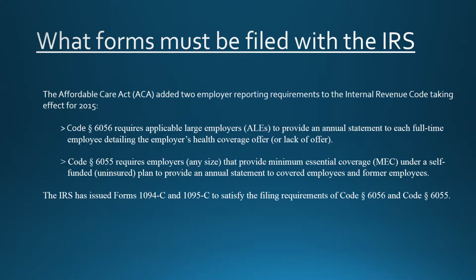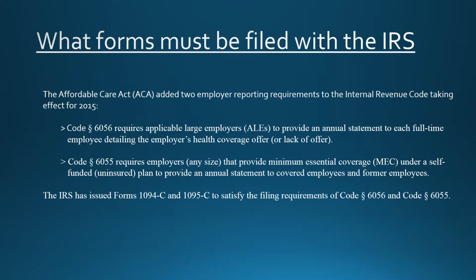The Affordable Care Act added 2 employer reporting requirements to the Internal Revenue Code taking effect for 2015: Code Sections 6056 and 6055. Information reporting under Section 6056 is first required in early 2016 for calendar year 2015.